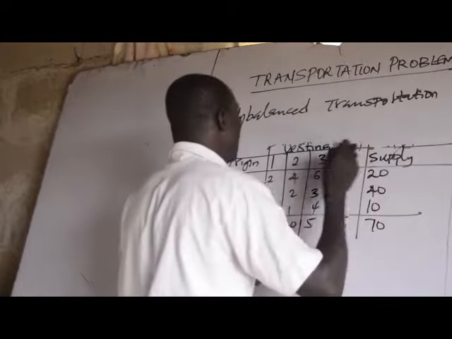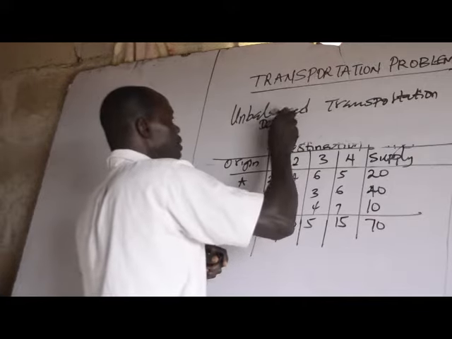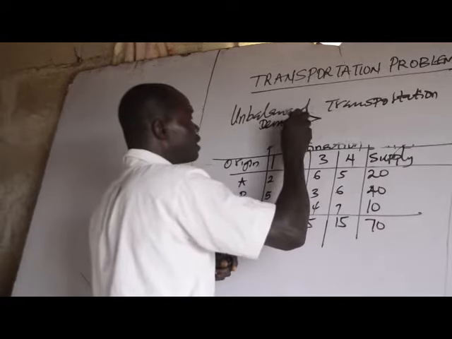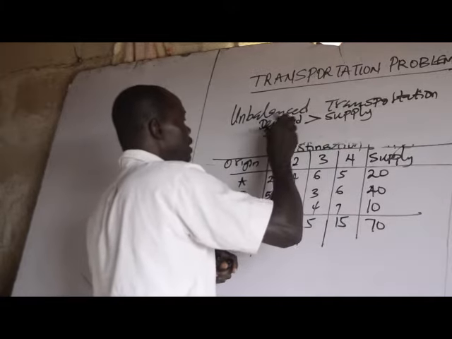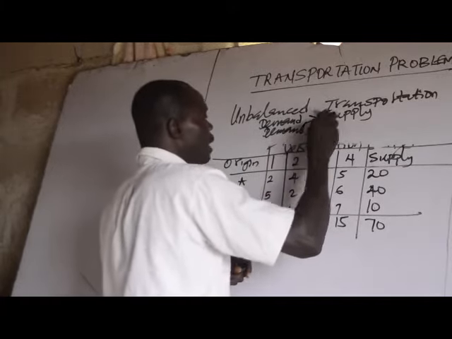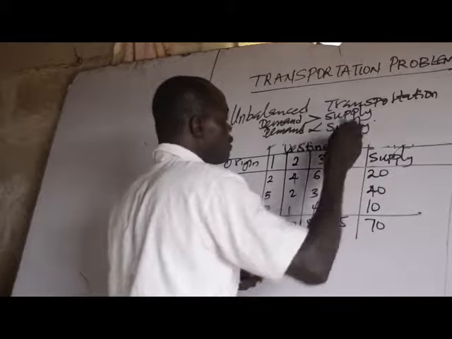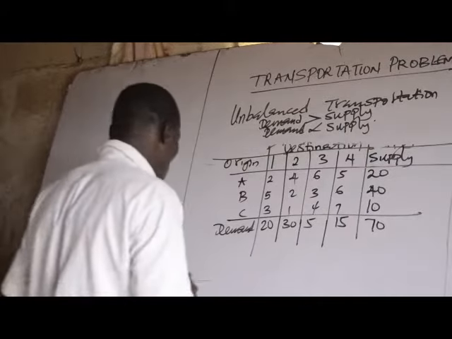Demand may be less than supply, or demand may be greater than supply, for an unbalanced transportation problem.